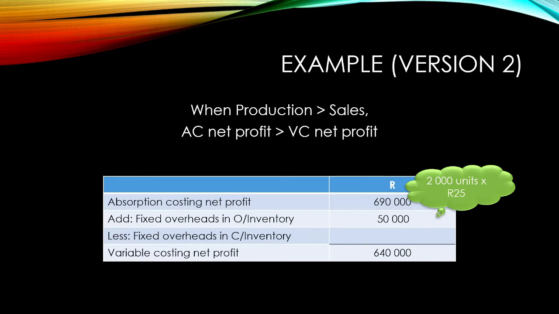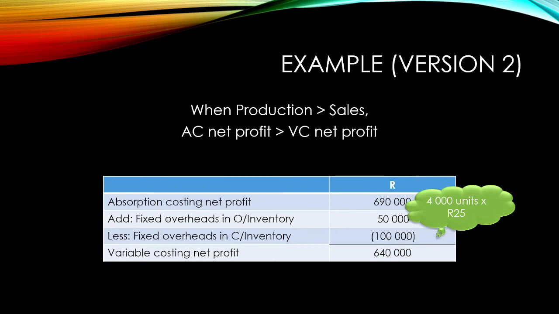So absorption costing does not expense it this year, but variable costing does, so we need to subtract it. The amount we need to subtract is our closing inventory multiplied by the fixed overheads in our closing inventory. This then reconciles our absorption and variable costing profits.